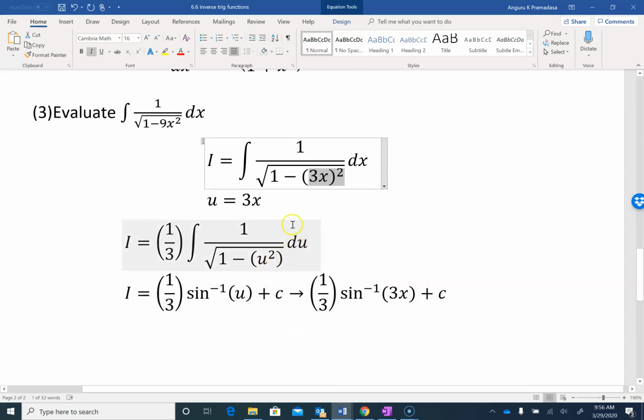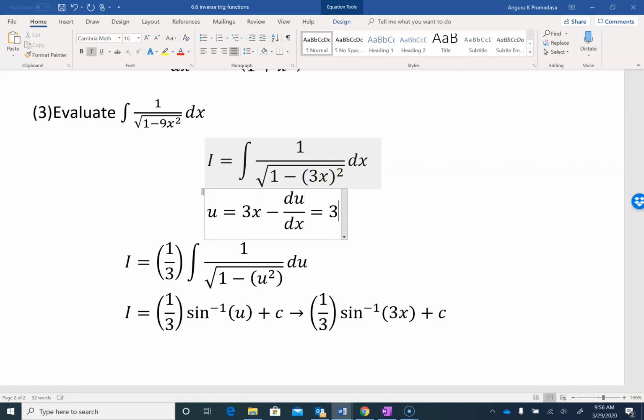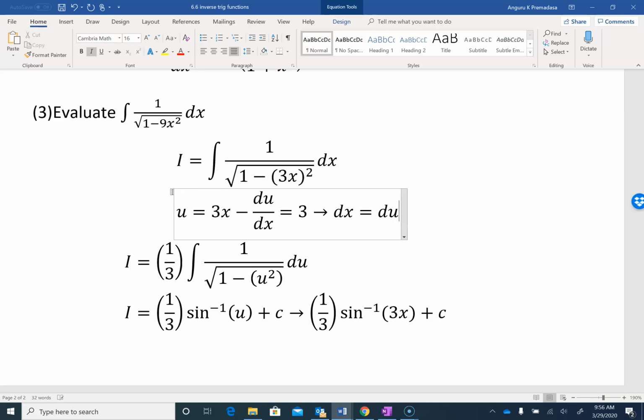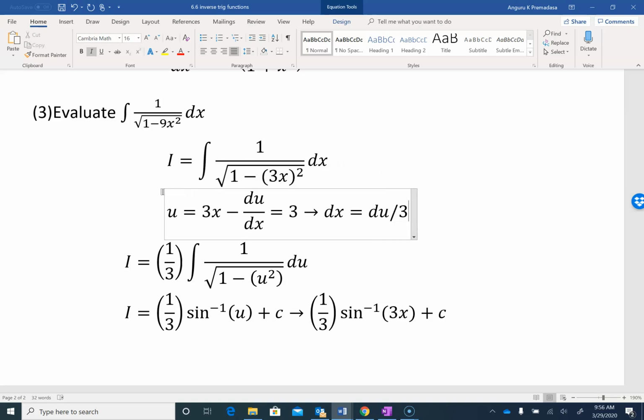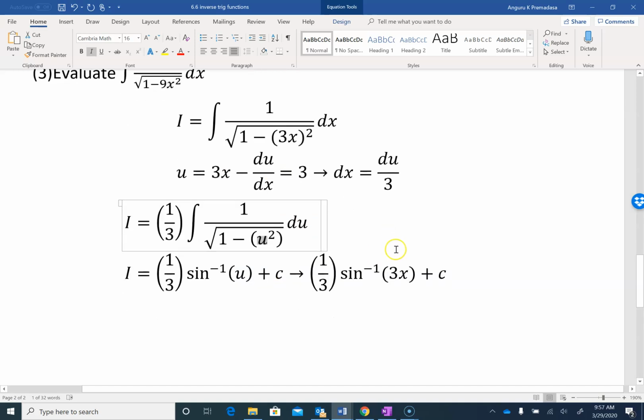When you do that, of course, du over dx is 3, which means dx is equal to du divided by 3. So if you put that in, the 3 at the bottom goes up as 1/3, and then you have 1 over square root of 1 minus u quantity squared, du, since 3x is u.